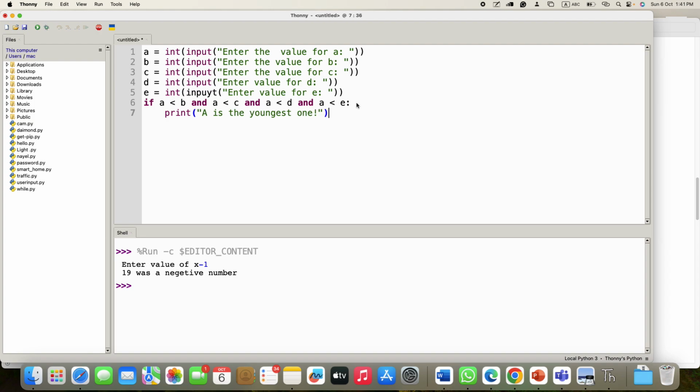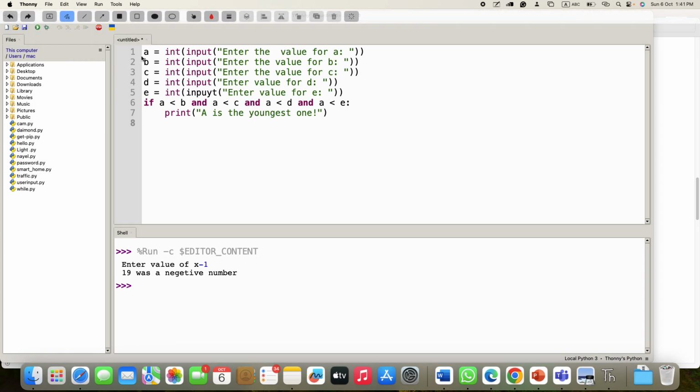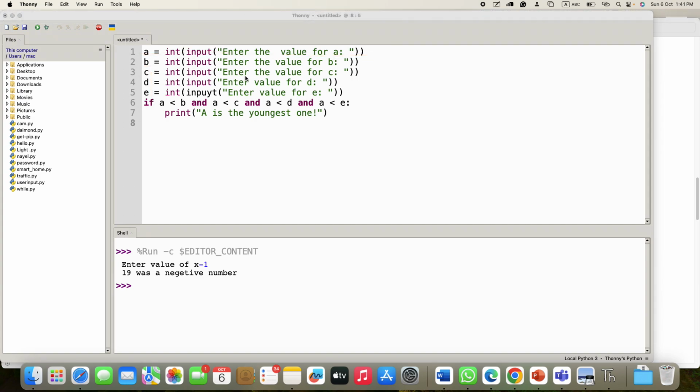Now, if A is not the youngest one, that means we don't have to compare A anymore with anybody. So we drop A. In the first statement we can exclude A from the next comparison. Now we pick up B and compare it with the remaining ones. And that is how we do the else if.